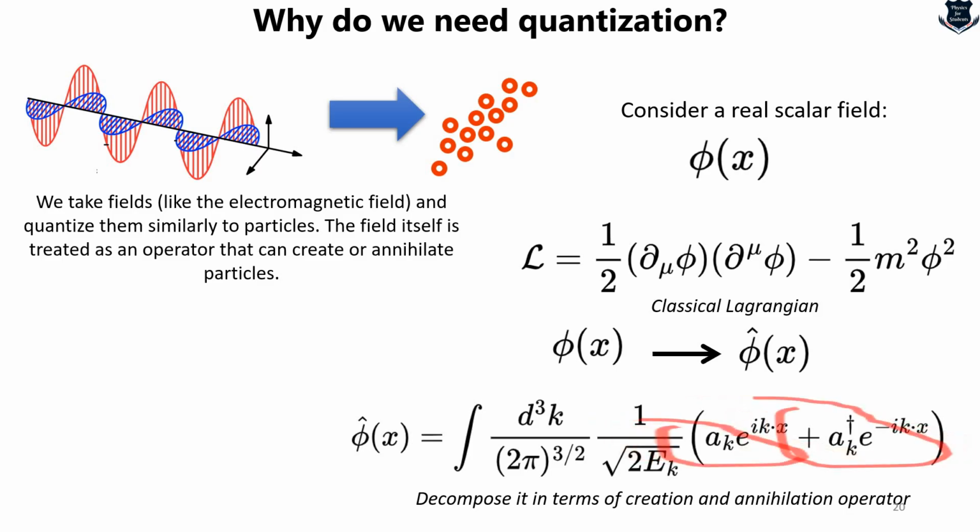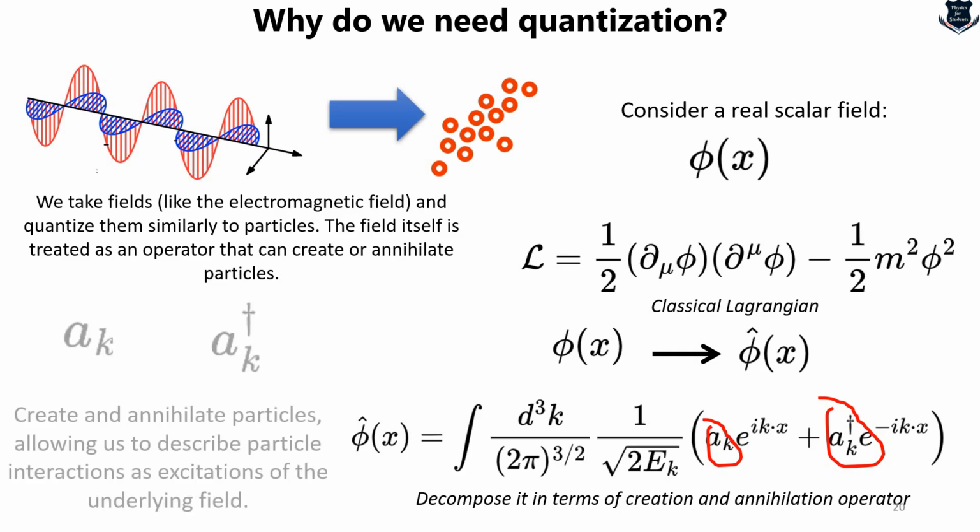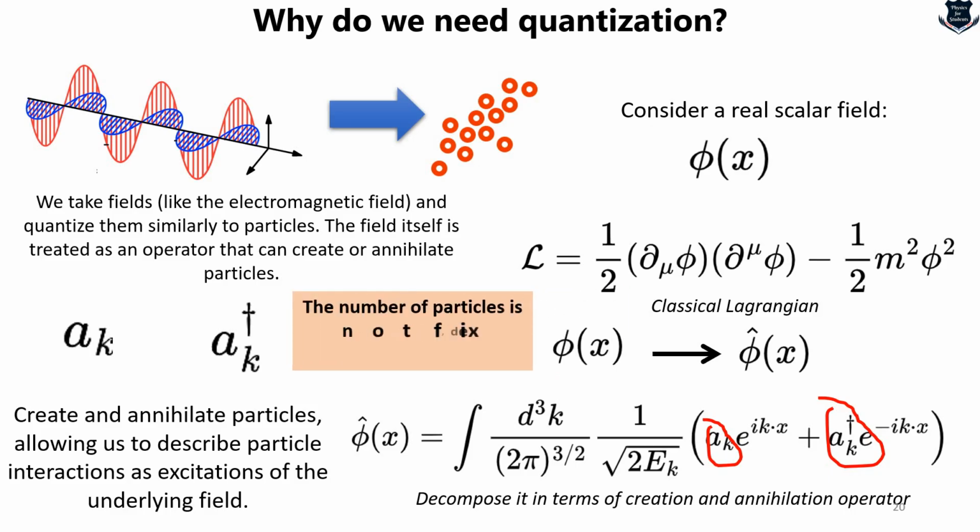And what you see, there are two important terms, A sub k, and it has a dagger. So these operators show the creation and annihilation of particles, allowing us to describe particle interaction as excitations of the underlying field. So the quantization of the field implies that the number of particles is not fixed. Here it comes. This is a very important part.